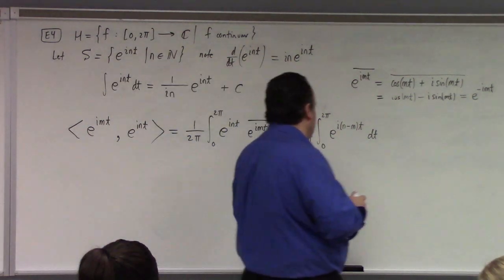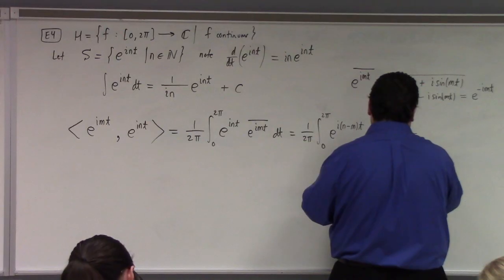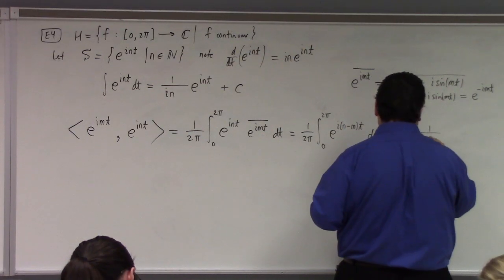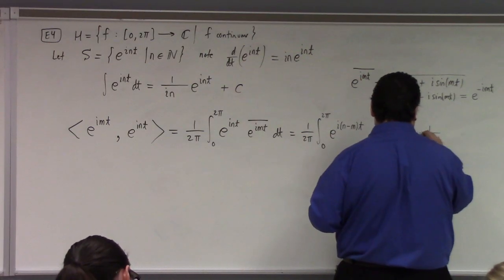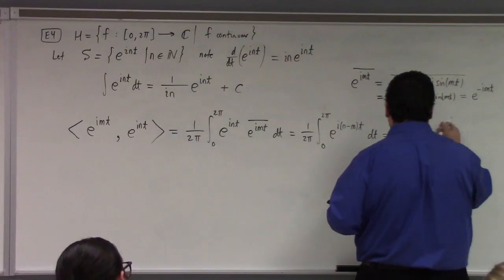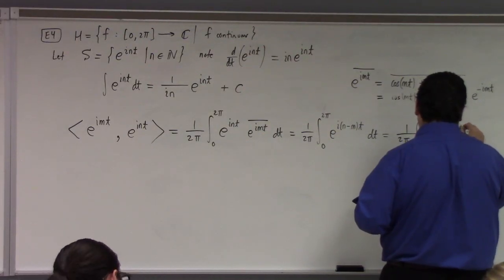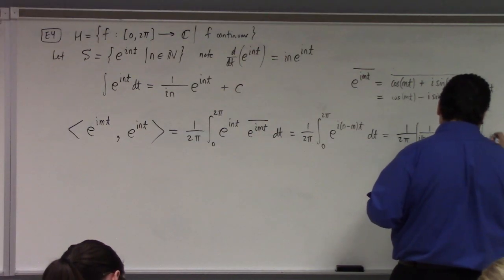So, all right, and then this is equal to 1 over 2 pi times 1 over i times (n minus m), right? e^(i(n minus m)t) evaluated from 0 to 2 pi.